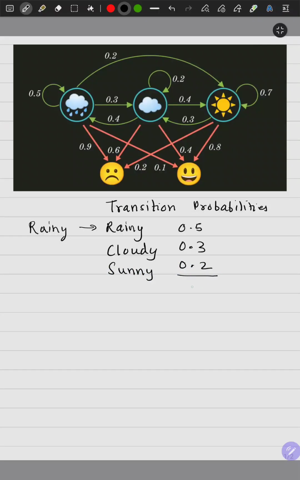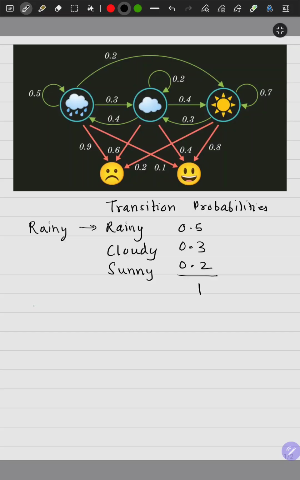And their total sum should always be equal to 1, because it makes sense, there is no other fourth weather condition, so either it will stay rainy or it will become cloudy or it will become sunny. Total probability should be 1.